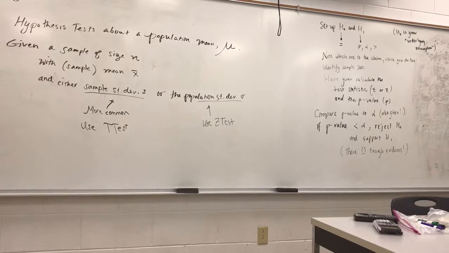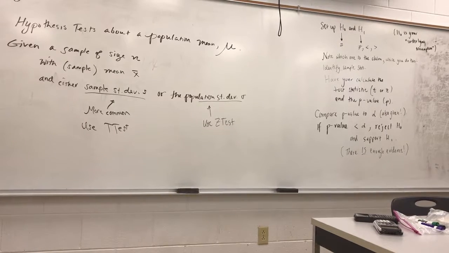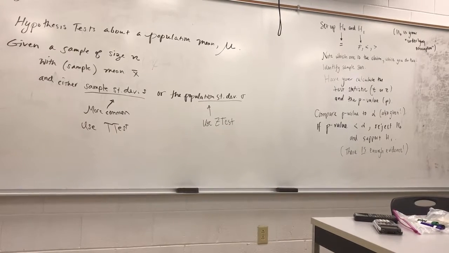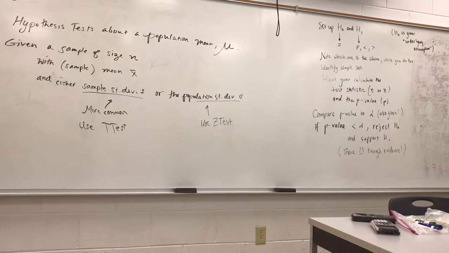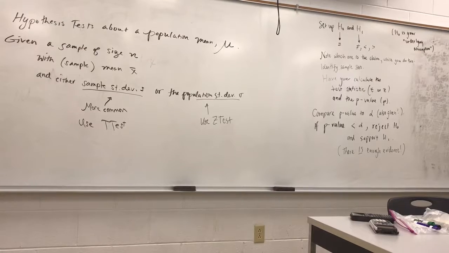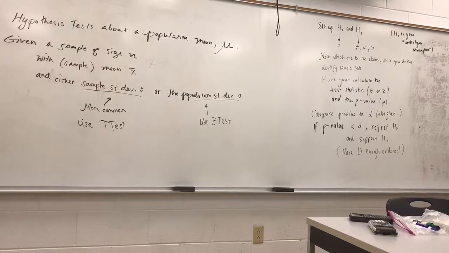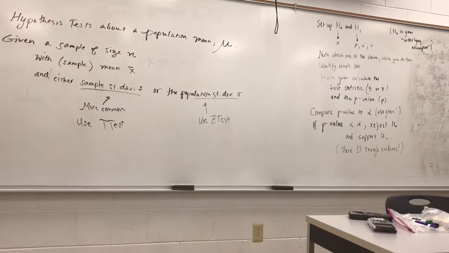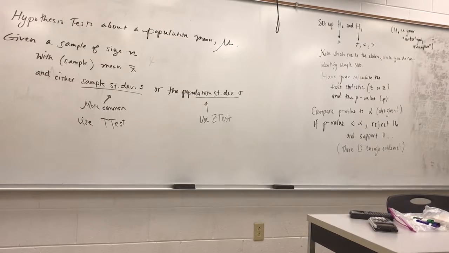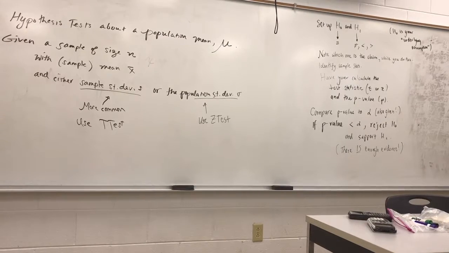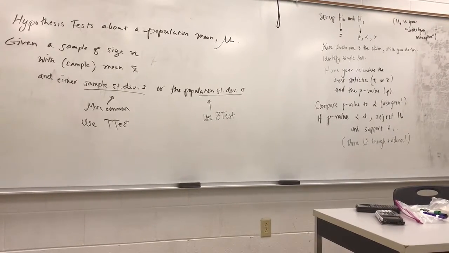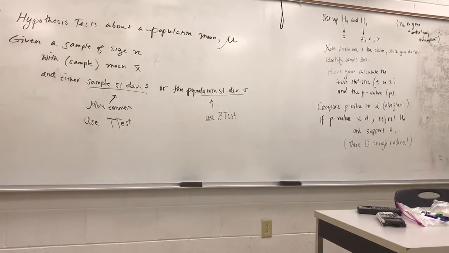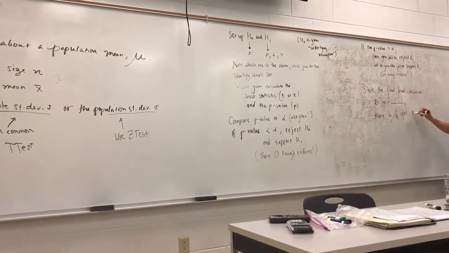So then the final step is your conclusion. State the final formal conclusion, however you want to say it. They'll just say what's your conclusion. Where you say at alpha equal whatever you're using for alpha, at that level of significance, either there is or is not enough evidence.